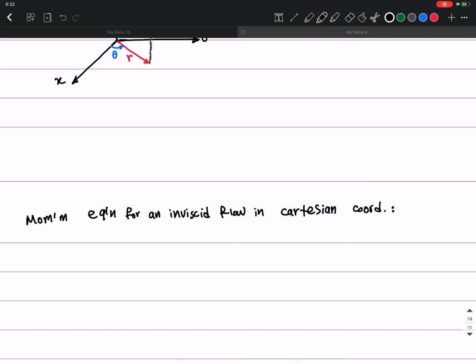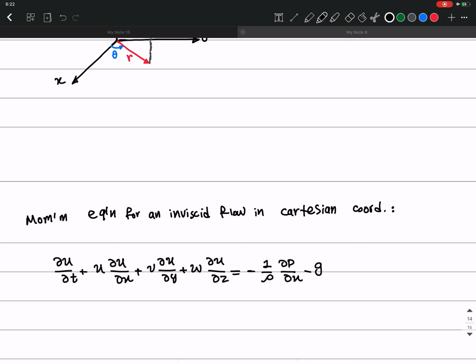So it's going to be partial u over partial t plus u partial u over partial x plus v partial u over partial y plus w partial u over partial z equals to minus 1 over rho partial p over partial x minus g x.